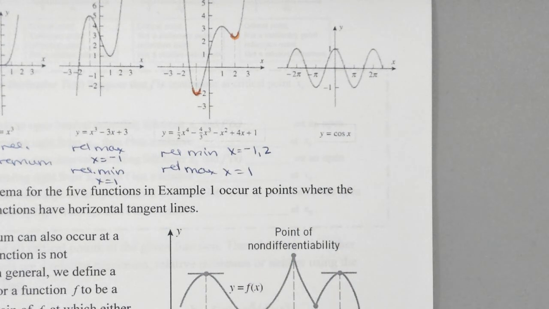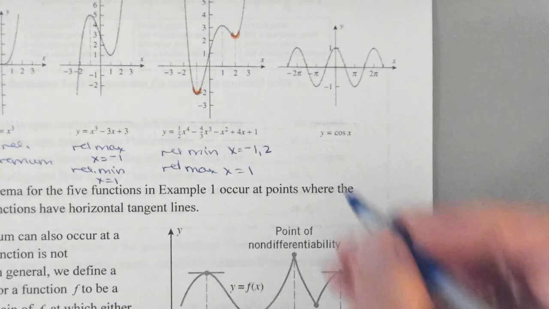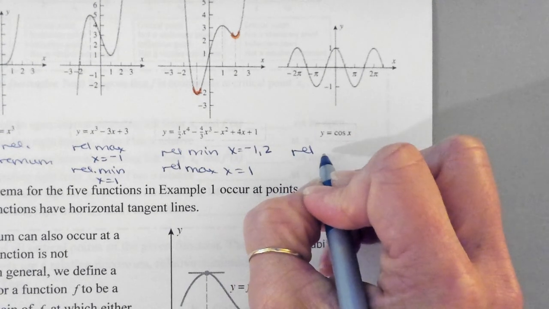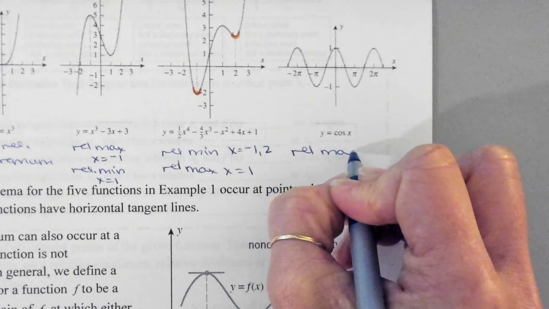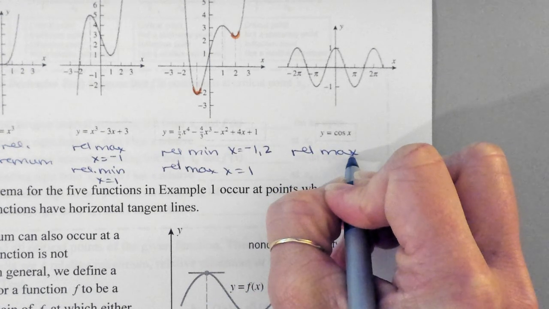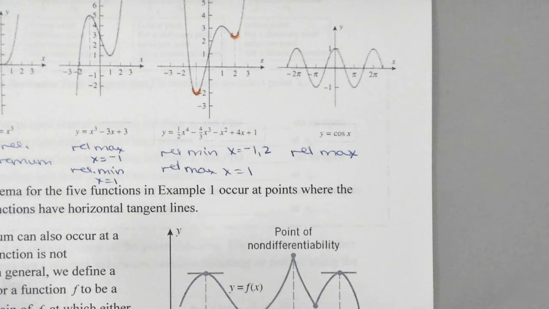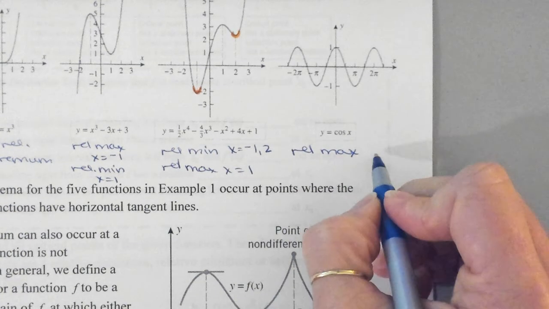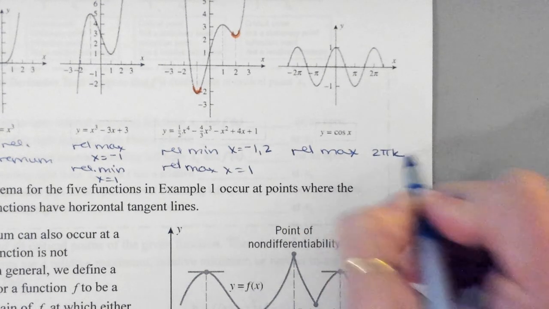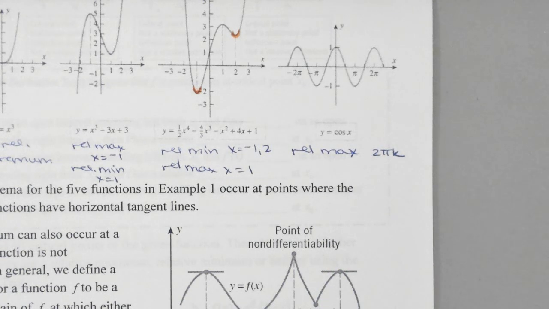So how could I generalize that for a relative max? You're right. 2 pi, we typically use K or n? So a relative max would occur at 2 pi k. You just stay away from x and y, because those are standard graphing coordinates.